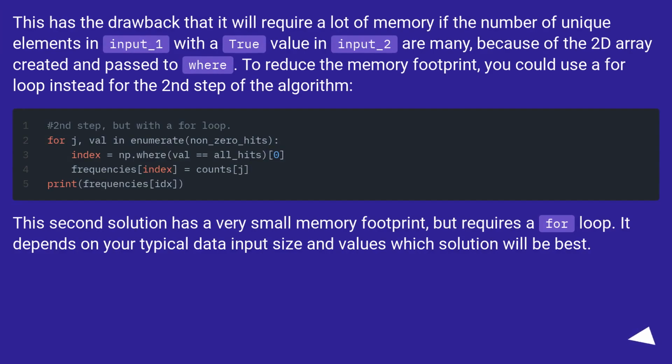This has the drawback that it will require a lot of memory if the number of unique elements in input_1 with a true value in input_2 are many, because of the 2D array created and passed to where. To reduce the memory footprint, you could use a for loop instead for the second step of the algorithm.